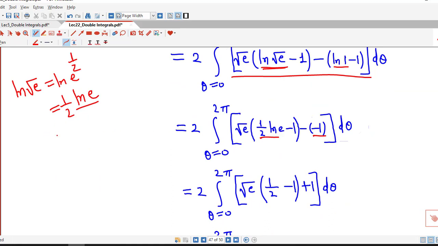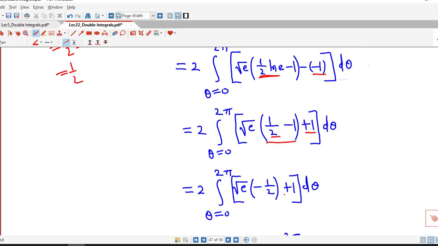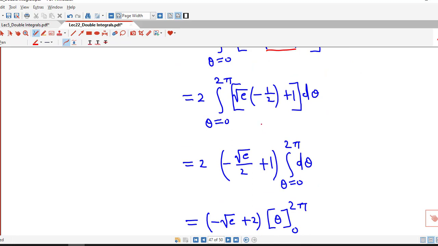Now as we know log e is 1, so this is 1 by 2 minus 1, and this negative negative is positive. So this is minus 1 by 2 into square root of e plus 1 d theta, and we take this constant quantity outside the integral, it is independent of theta.